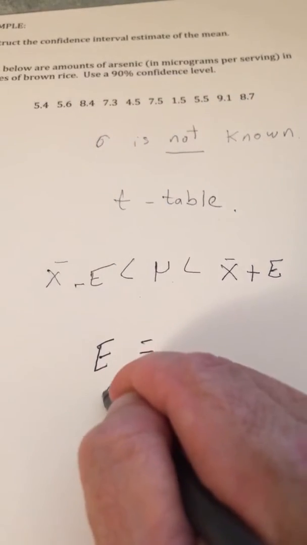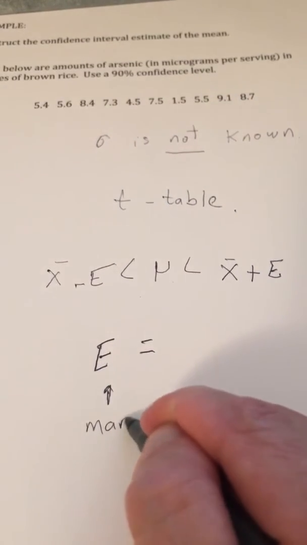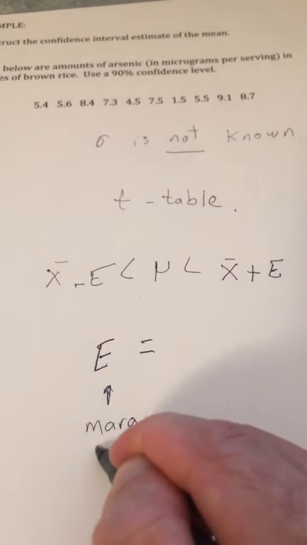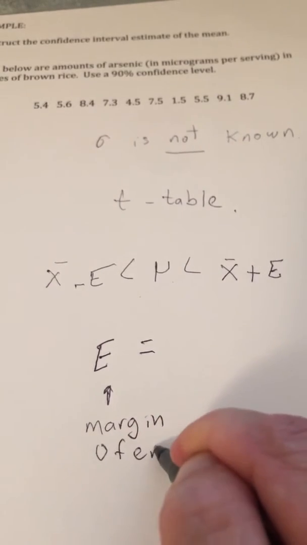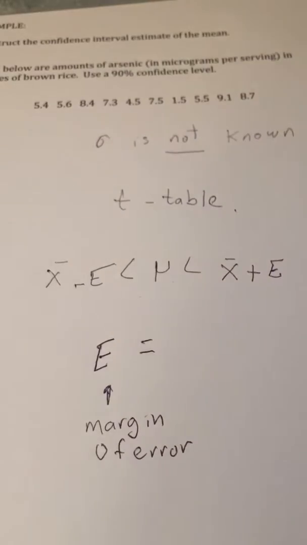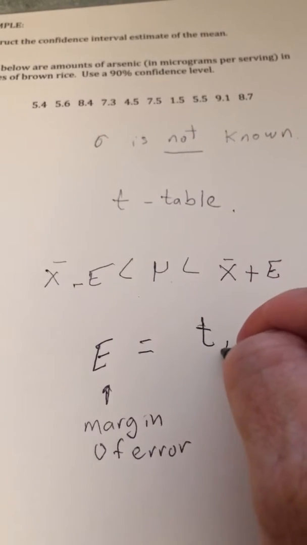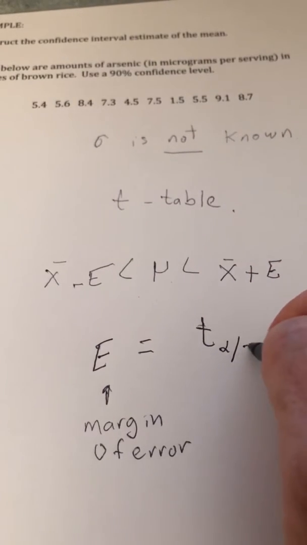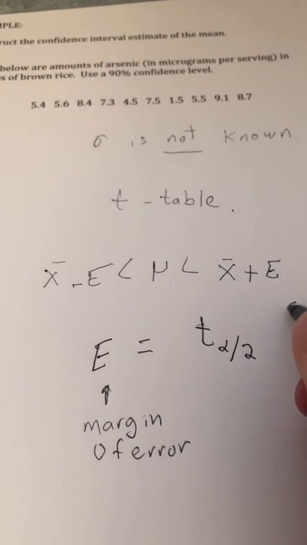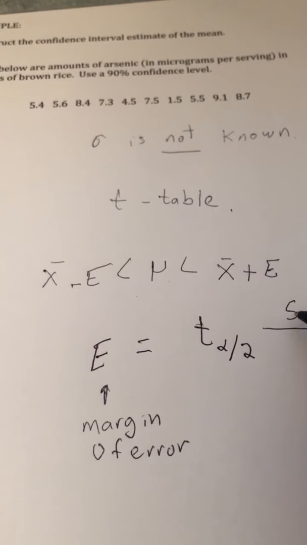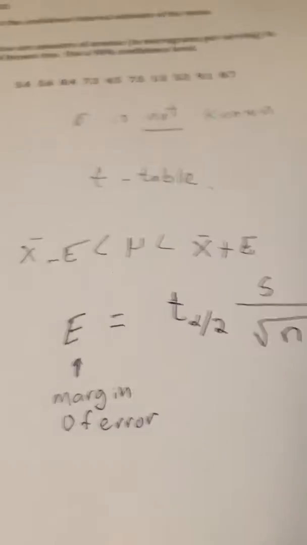E is called the margin of error. E in this case is going to be our critical value, which we're going to get from the t-table, times this fraction here, where the numerator is the sample standard deviation, and the denominator is the square root of n.